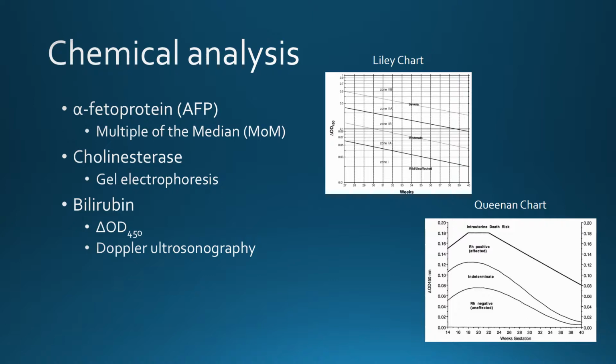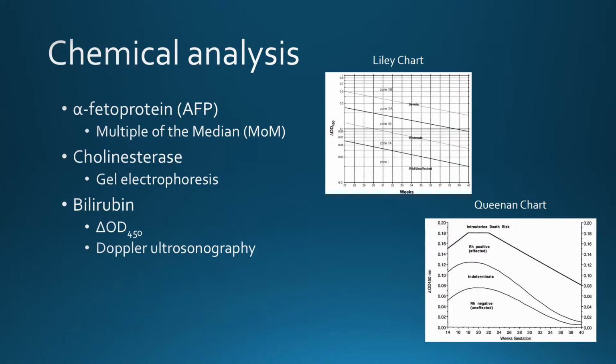Now, alpha-fetoprotein, or AFP, you've probably heard of that one before. AFP is a protein synthesized first by the yolk sac, and then eventually, as the fetus develops, by the fetal liver. It's not quite known what alpha-fetoprotein does, but it's thought to be a fetal carrier protein, kind of like albumin.